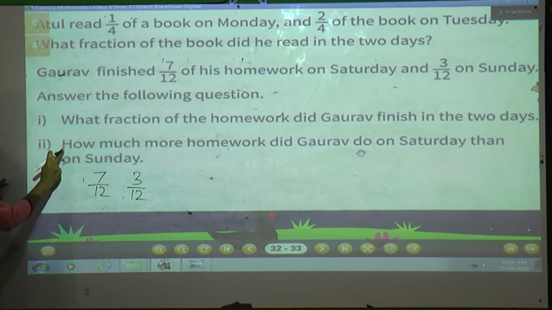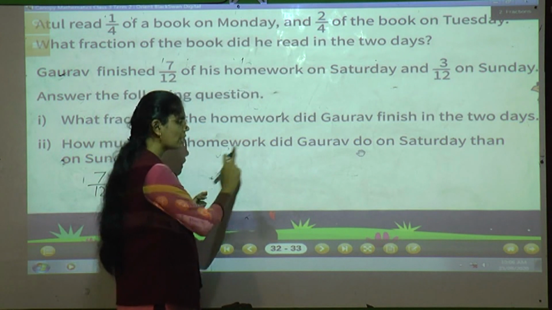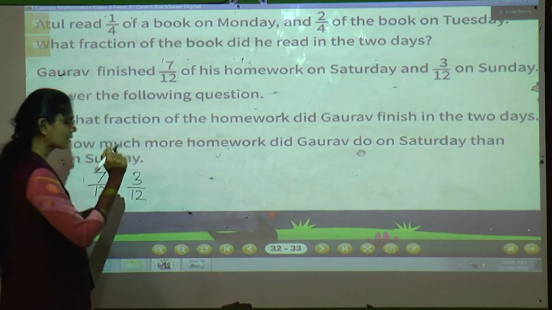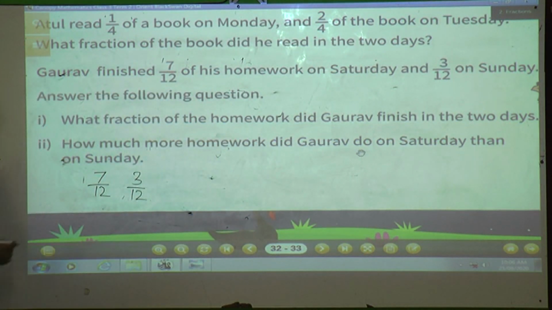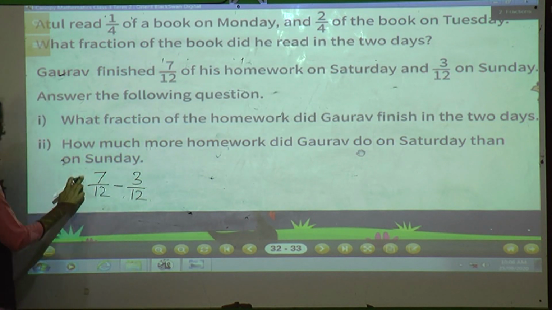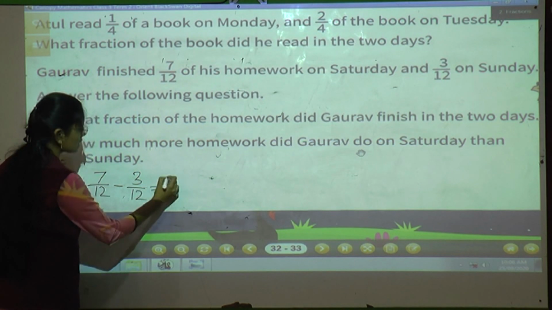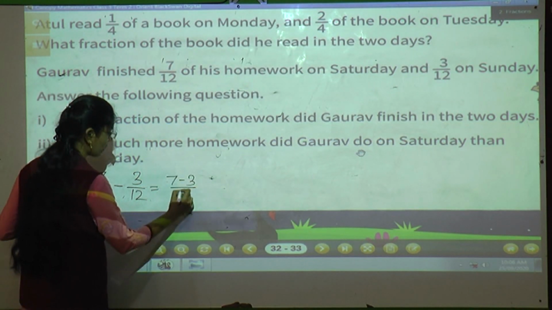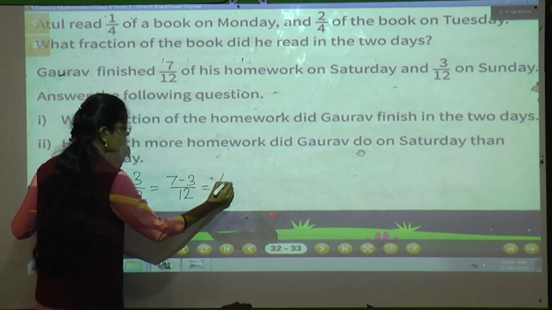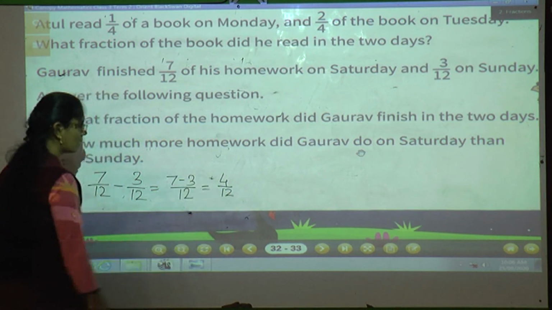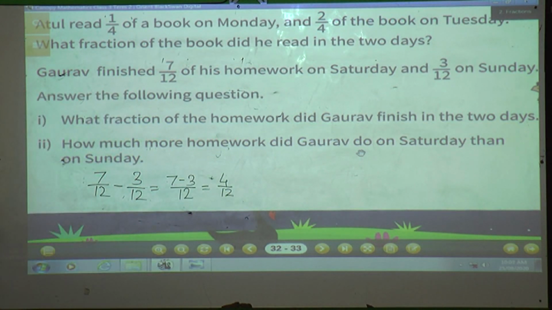Here we have to do the subtraction, that is 7/12 minus 3/12, means 7 minus 3 over 12. 7 minus 3 is 4/12. So on Saturday he did 4/12 more homework than Sunday.